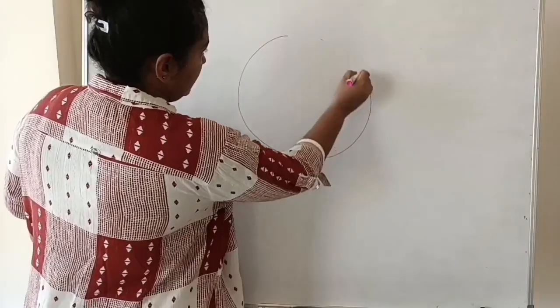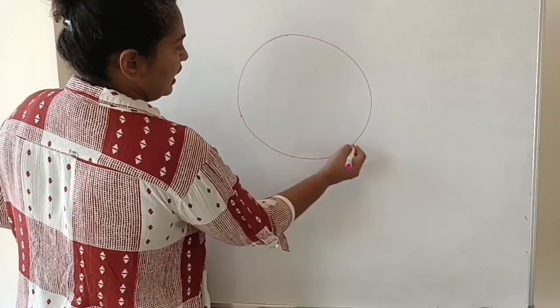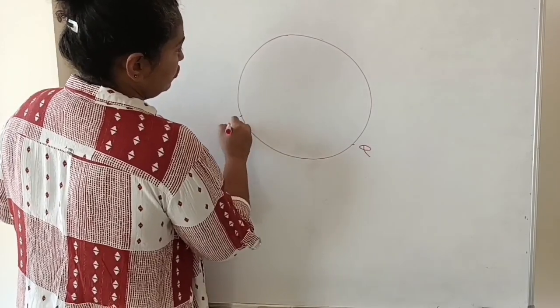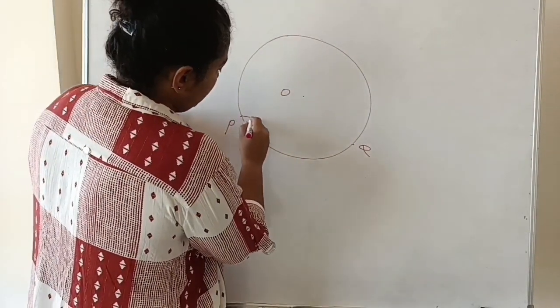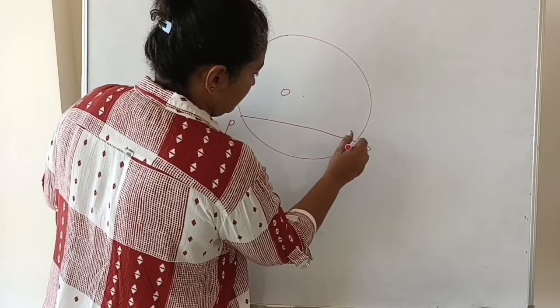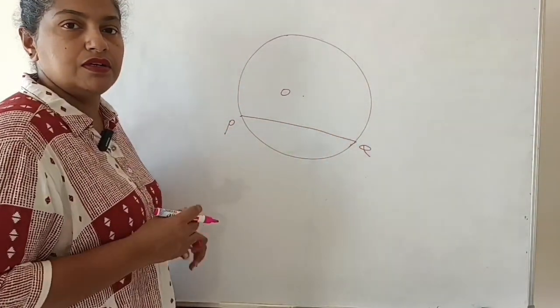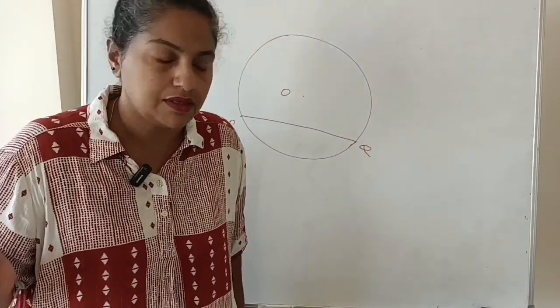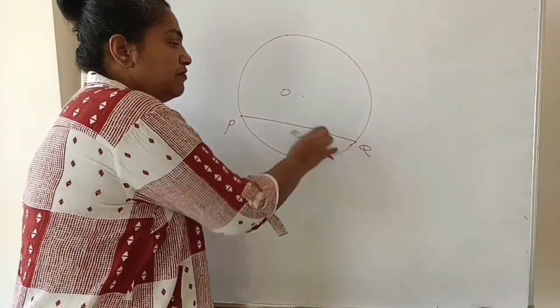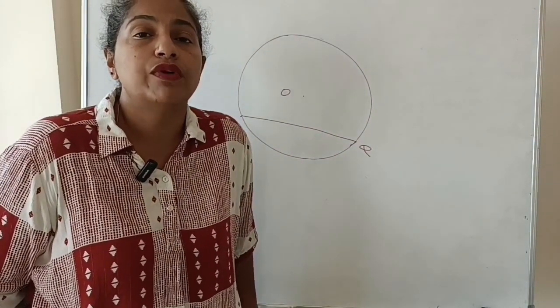Fine. Now, if you have a circle and you are taking two random points P and Q, you are joining this by a chord. You know that P and Q are two points that create a major arc and a minor arc. If I am joining P and Q by a chord, what do you get?